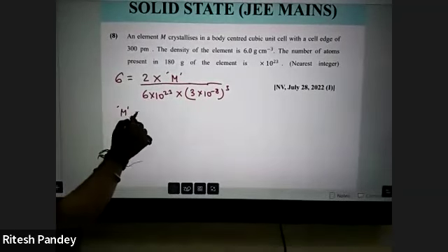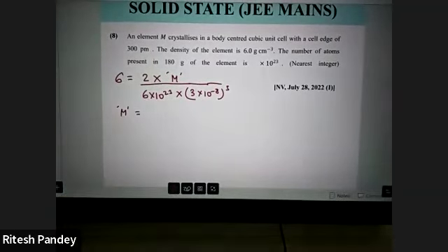So what do you get as M from here? Somebody would want to help me. What is M that you get? You can use the calculator and tell me what is the molecular weight that you get from here. 48.6.